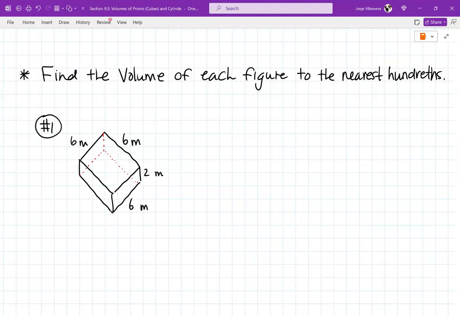I'll give you a little bit of time to draw that. They actually decided to put some markings here to let you know that these are 90-degree angles. It's not necessary. They're just telling you, hey, look, it's a rectangle on the bottom, right? Meaning there's a rectangular prism. But not necessary, to be honest with you.